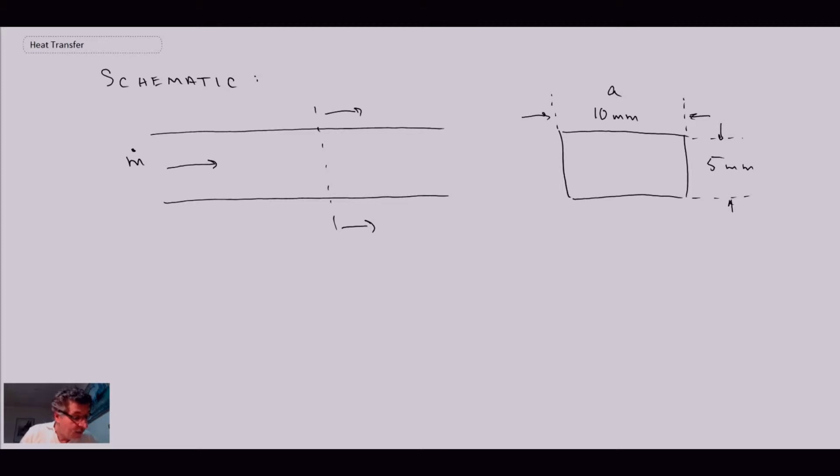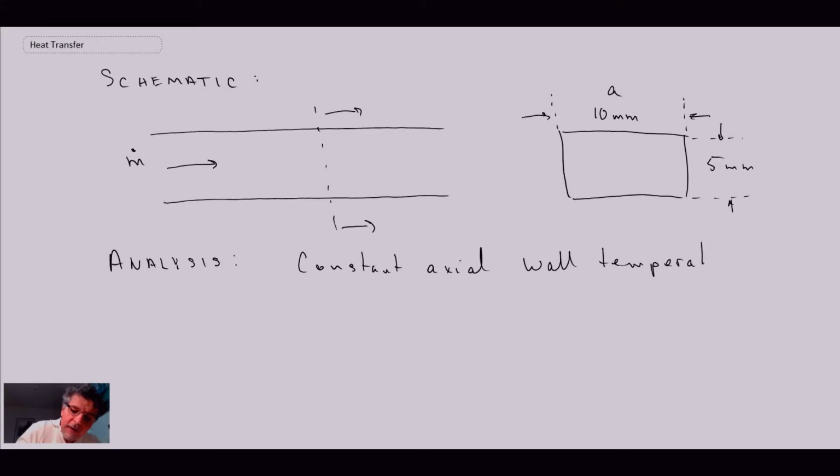Now in terms of the analysis, we know that this is non-circular geometry. We're dealing with laminar flow. We have constant axial wall temperature. If you recall from the last segment, I mentioned that any heat transfer book would probably have tables showing these values.